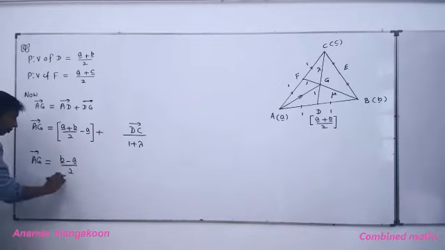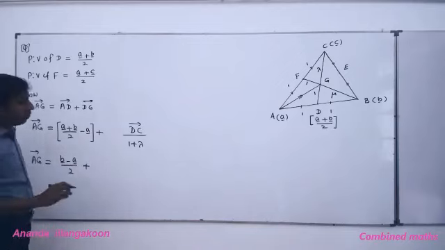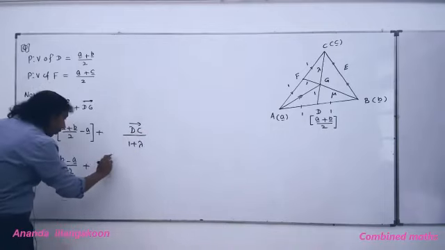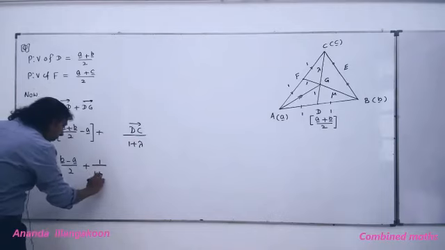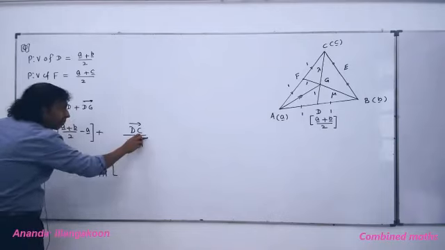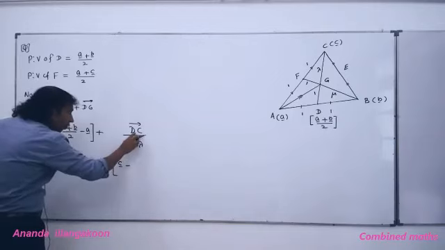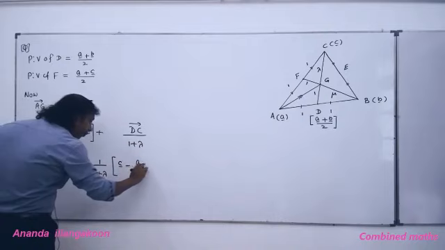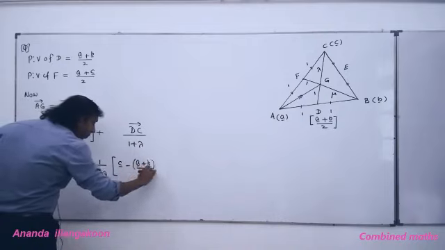Plus 1 upon 1 plus lambda, times the position vector of C minus the position vector of D, which is (A plus B) by 2. This way we get, people.